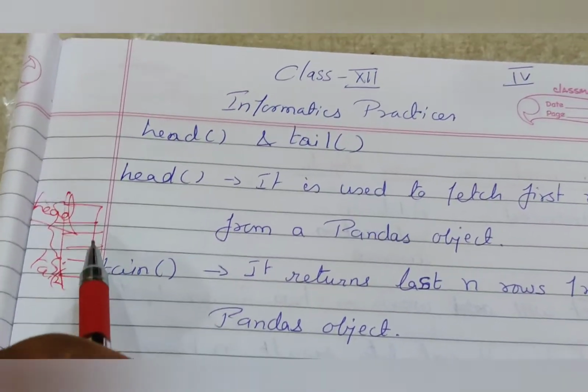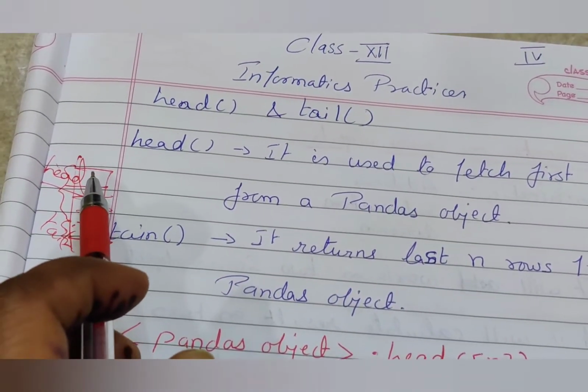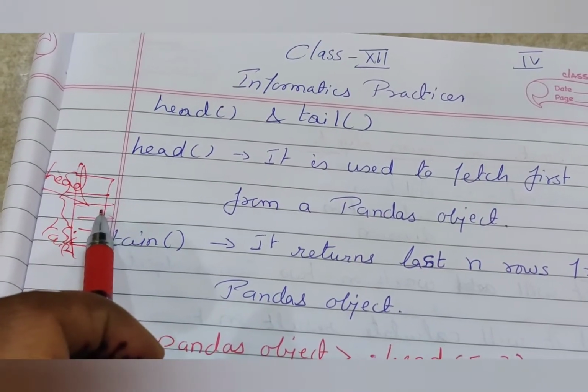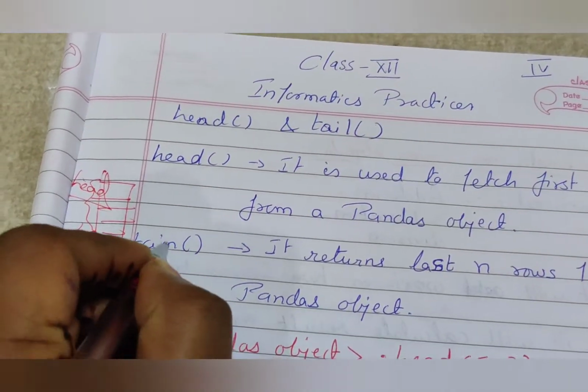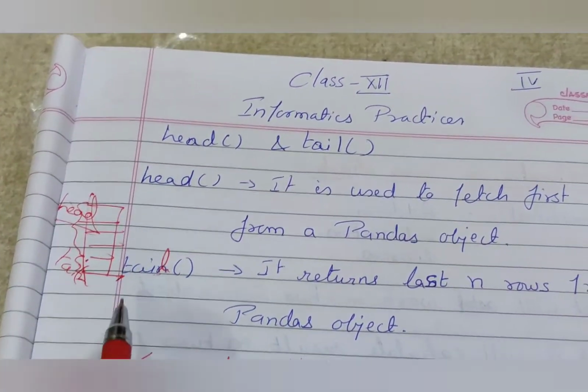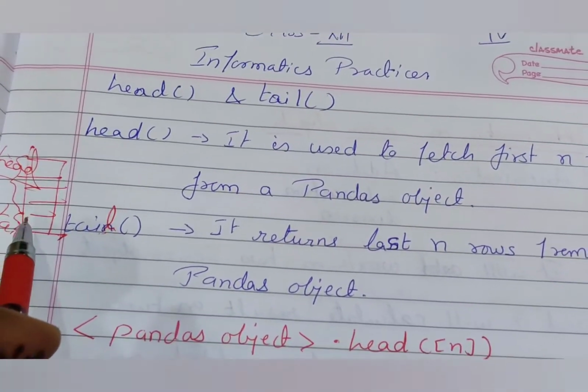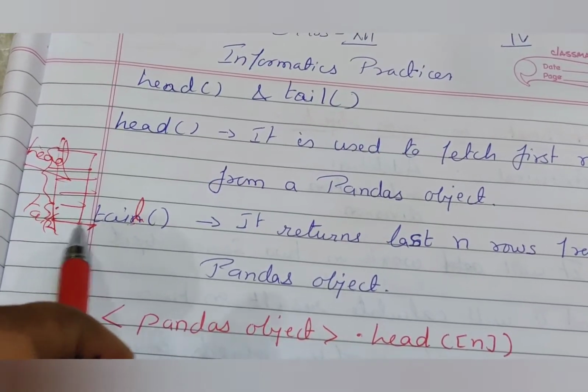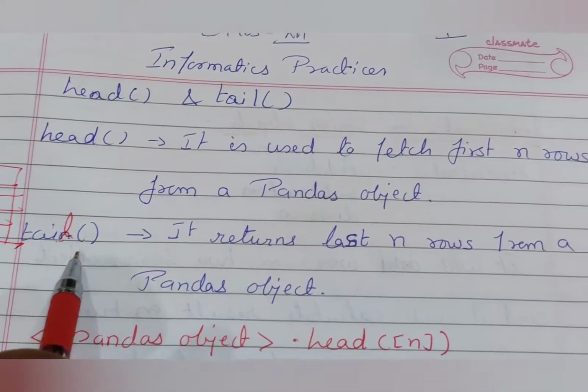Now I want to access the starting n rows, for example the starting 3 rows, then I can use the head function. Okay, and to fetch the last n rows, if I want the last 5 rows' values, then I will use the tail function.